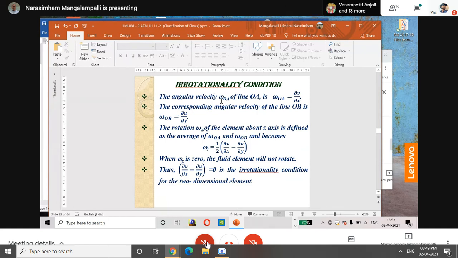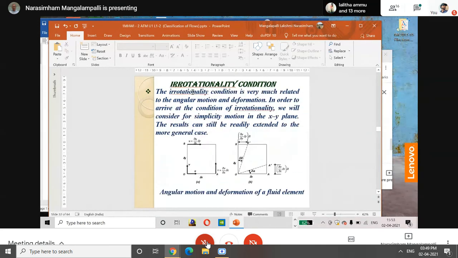See, the angular velocity of line OA is omega OA, which is dou V by dou X. See here, if you go back, line OA, I said, OA is this line. So angular velocity about which axis are you asked to find? Z axis, sir. Z axis means your XY plane.